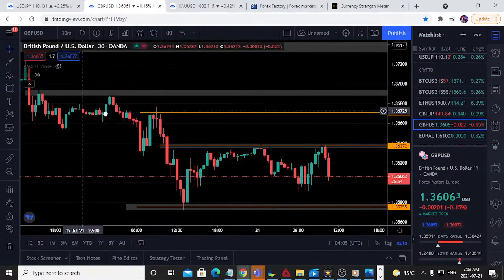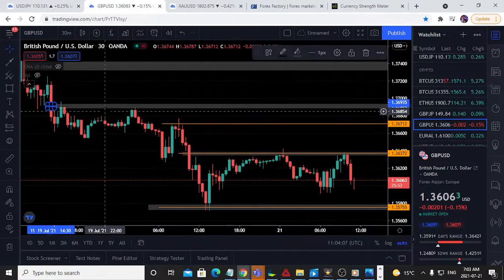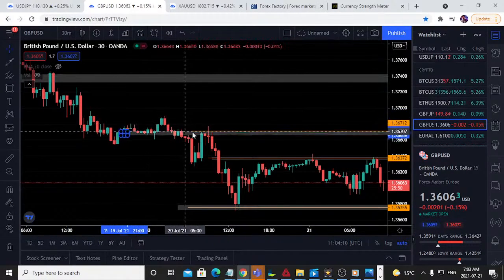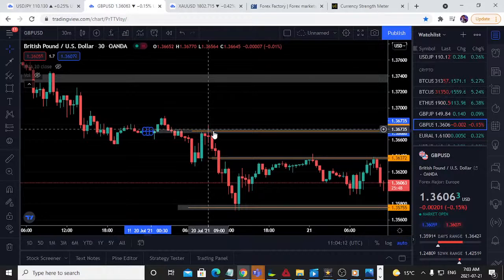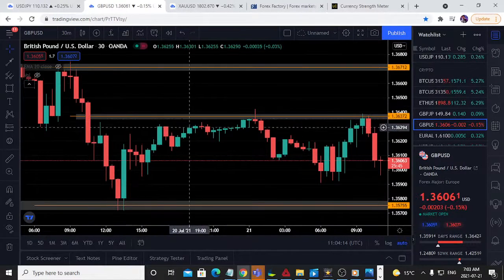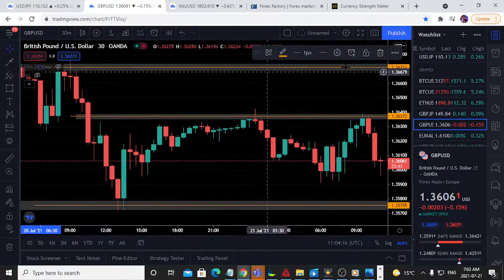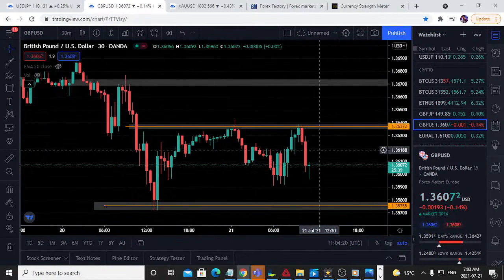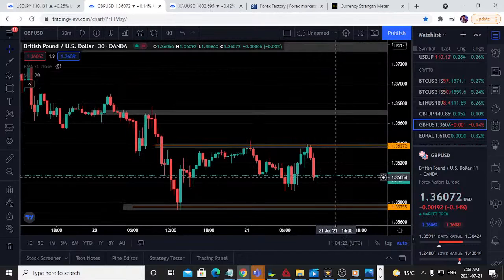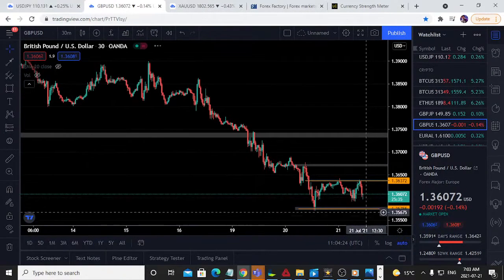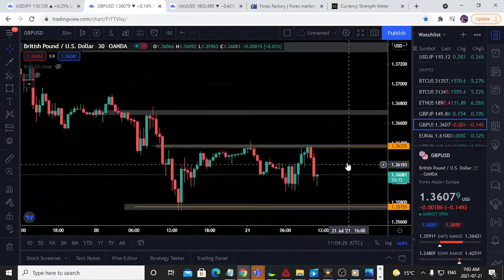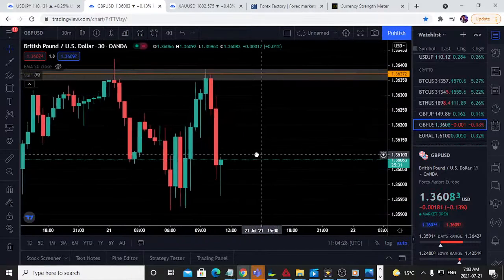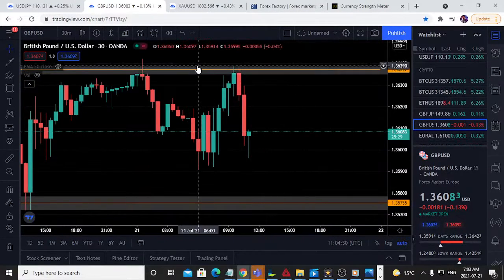In essence, if I'm going back and studying, I was just in a really bad area to try to take a trade in. I should have been better off in my initial analysis of selling below here and buying above here. That's what I have to look out for next time, and just remain really patient.